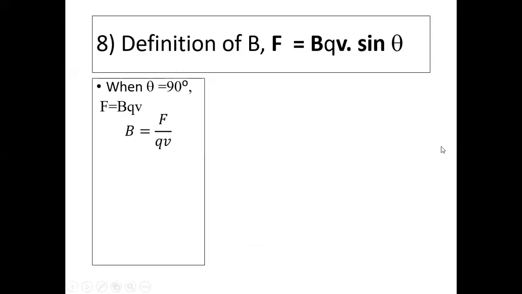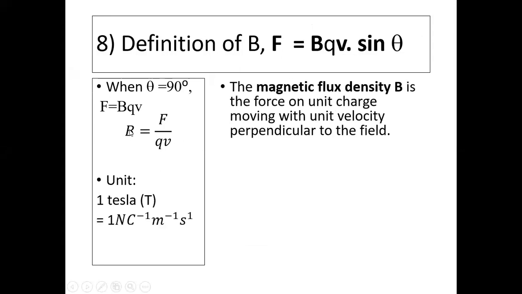Okay, so how to define B? If you want to define B, we put 1 Newton, 1 meter per second, 1 Coulomb. So magnetic flux density is the force on a unit charge moving with unit velocity perpendicular to the field. Remember, 90 degrees.